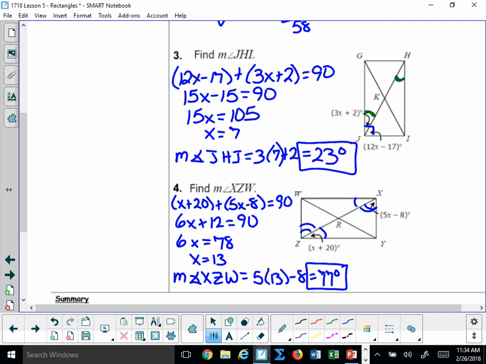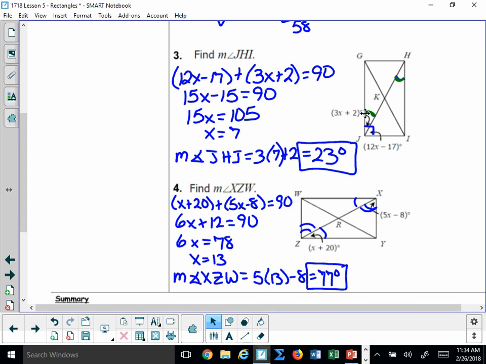Similar situation in number 4. I had complementary angles. Then I needed to use alternate interior angles in order to figure out which expression to use for angle XZW.